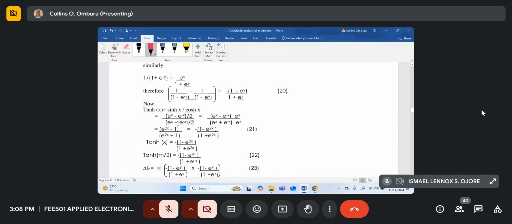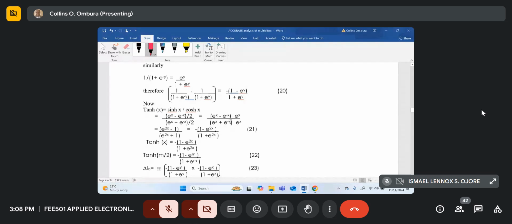And if you simplify this, you just get the numerator e to the x minus e to the minus x, because the 2's will cancel, divided by e to the x plus e to the minus x.